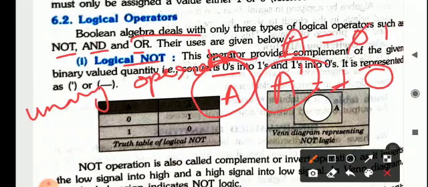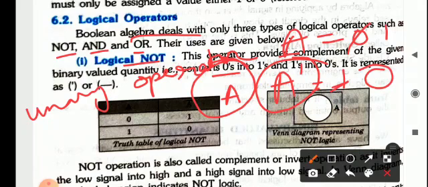It just reverses the output, so it works just like an inverter. What does an inverter do? If the input is 0, the output will be 1, and if the input is 1, the output will be 0. That means if the power is there, the light will not be switched on through the inverter. It will become 0.